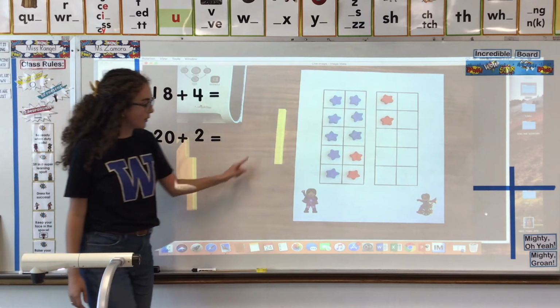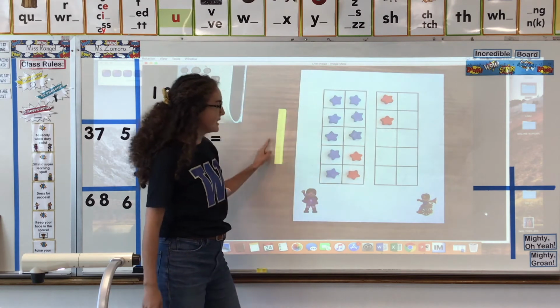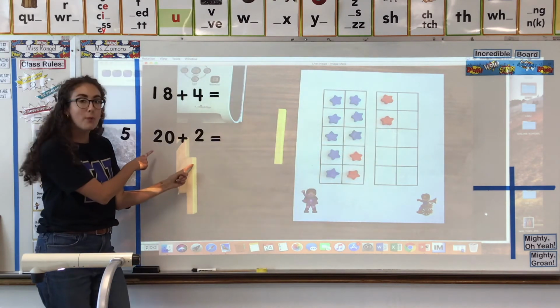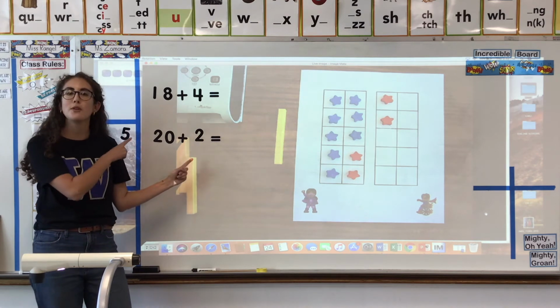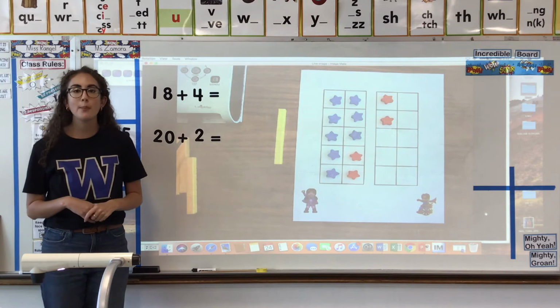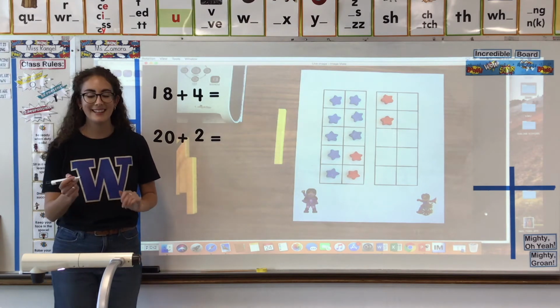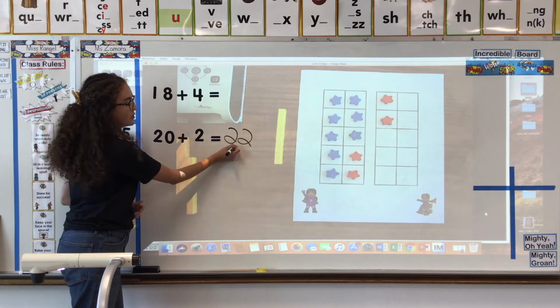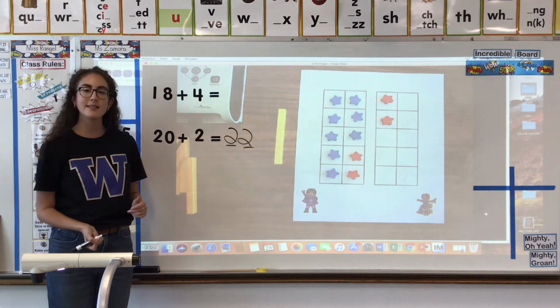We have 20 plus 2. And this problem we can solve with quick place value knowledge. What is 20 plus 2? It's 22. 2 tens and 2 ones.